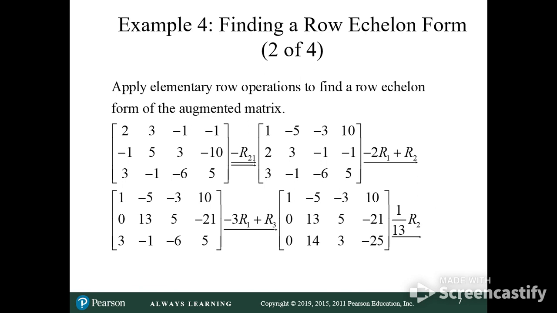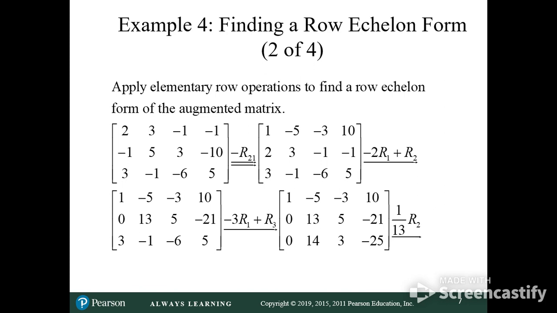So how do we make a 0 here? Well, what they did is they switched rows 1 and 2, and then, did they switch rows 1 and 2? No, they didn't. Well, they did, but then they multiplied by -1 as well. So they took -1 times this row and switched it with this row.